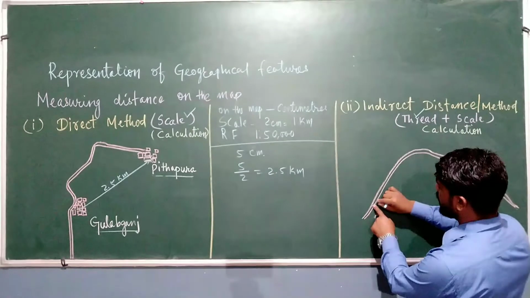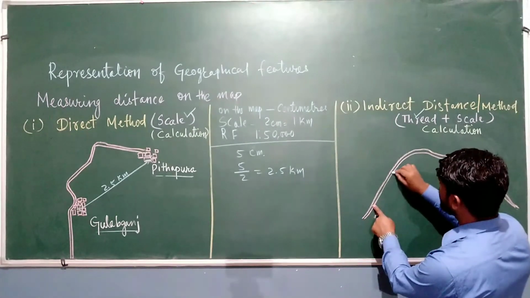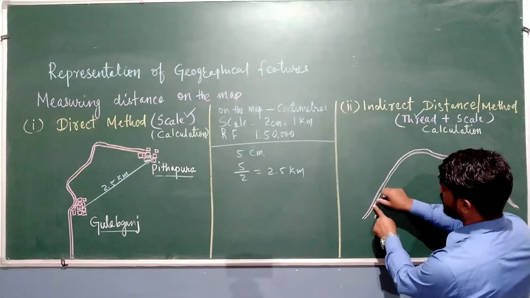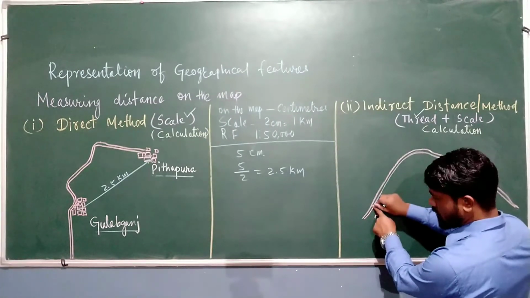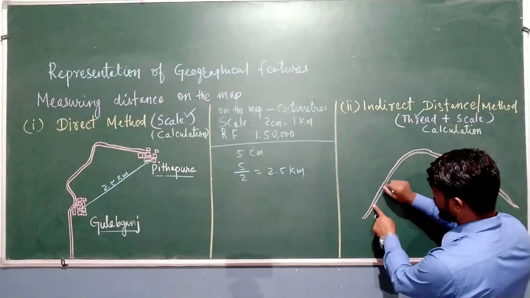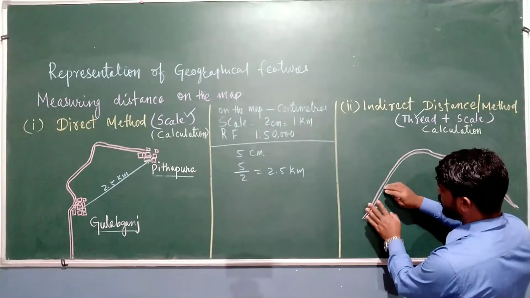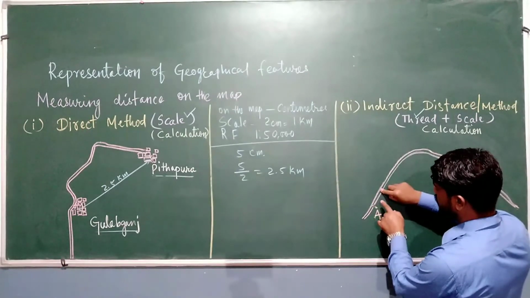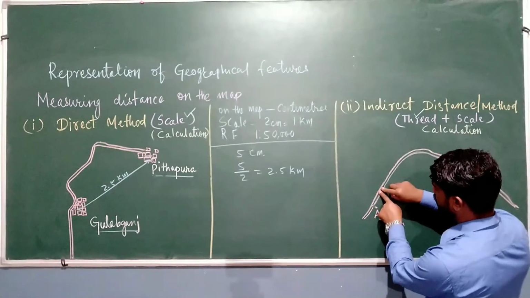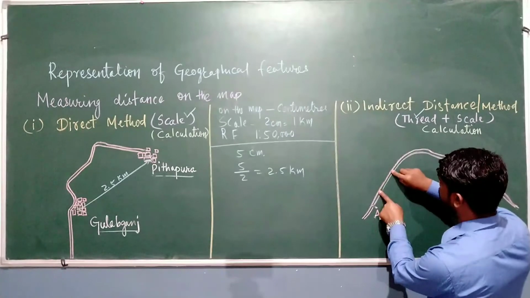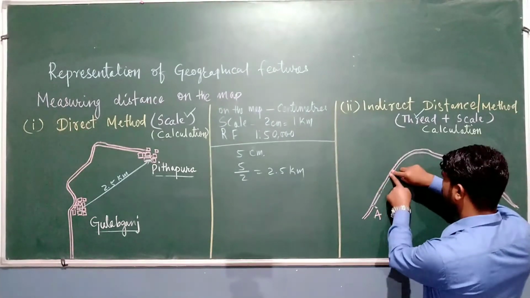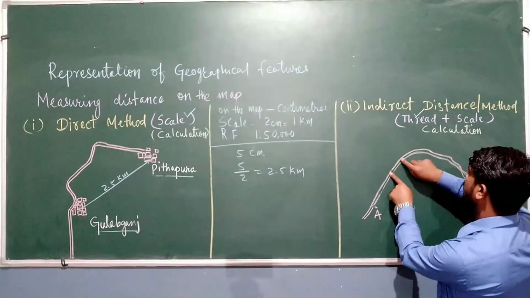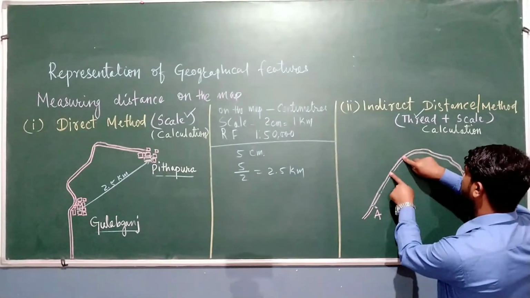Spread it along this road, not at once but side by side, using the fingers of both hands. Spread it, press over the thread, again press it with your left hand, then again press it here, and here you could see the curve is there.